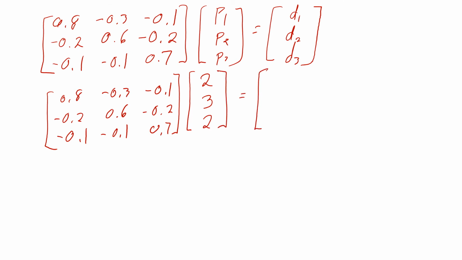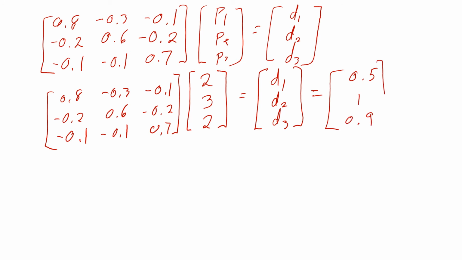And that equals what we're looking for. After we do all the internal consumption, what's left over to sell? What's our surplus? When you multiply these out, you end up with 0.5, 1, and 0.9 as our surplus, what we actually have to sell.